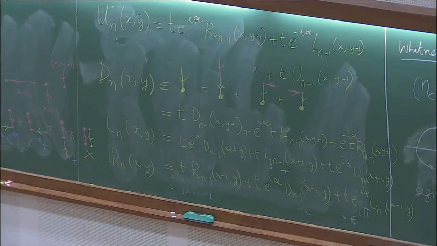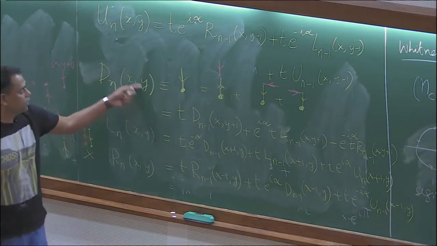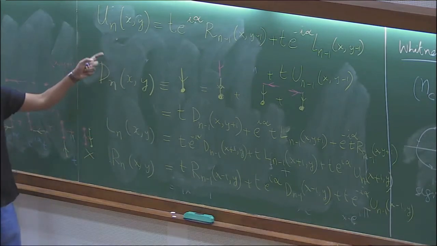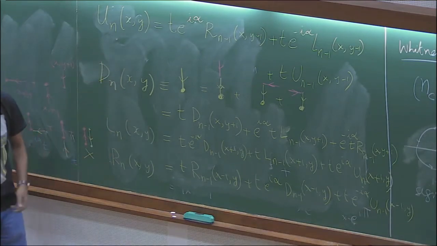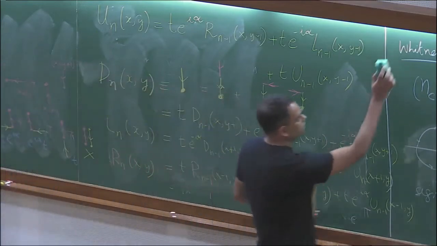So if I want to write it as f of n, the properties at n, as a function of n minus 1 alone, I know Fourier transform. So if you do Fourier transform, we can get rid of the xy's. So you define Fourier transforms for un, dn, ln, and rn. So let me define them.